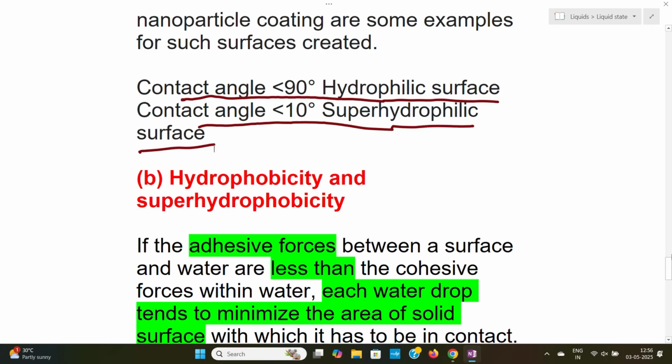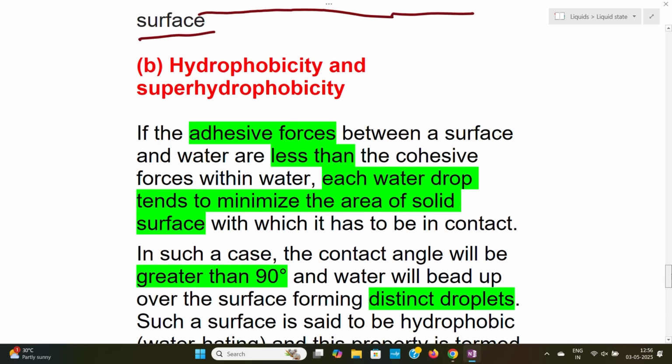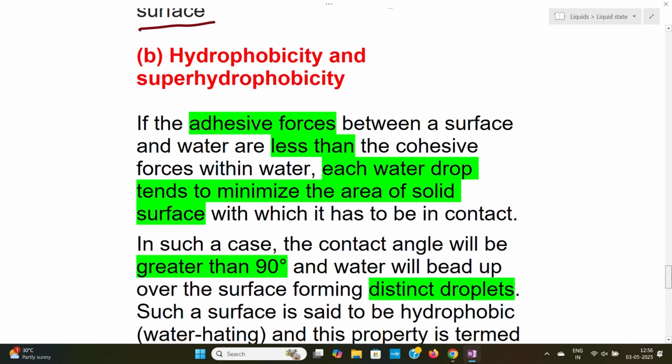Then coming to the contact angle aspect, if the contact angle is less than 90 degrees, that is hydrophilicity. If it is less than 10 degrees, that is superhydrophilicity. Now let us move on to another property, that is hydrophobicity and superhydrophobicity.